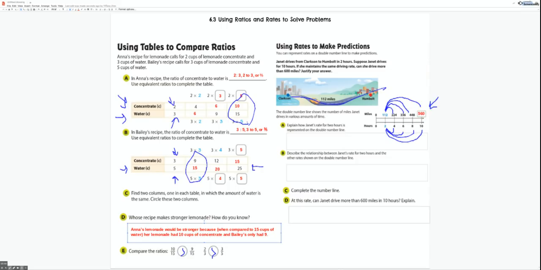There we go. So it says, explain how Janet's rate for 2 hours is represented on the double number line. So I'm going to type while you guys handwrite, because you don't have the ability to type on the paper. It's very similar to a ratio table.